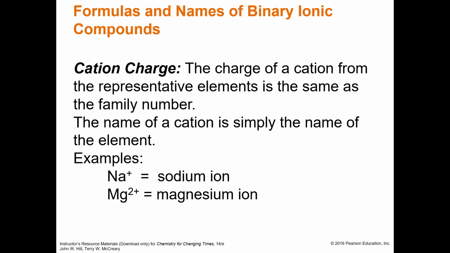It has a +1 charge because it's in the first column on the periodic table. The columns, of course, being named the families. Alright, magnesium has a 2+ charge because it's in the second group, or second family number, on the periodic table. And it would be magnesium ion. You don't have to specify the charge because it's always the same as the group number. It's very easy to determine.